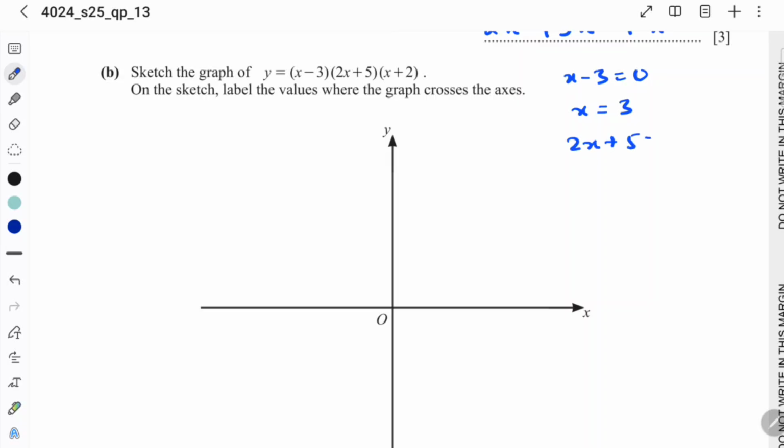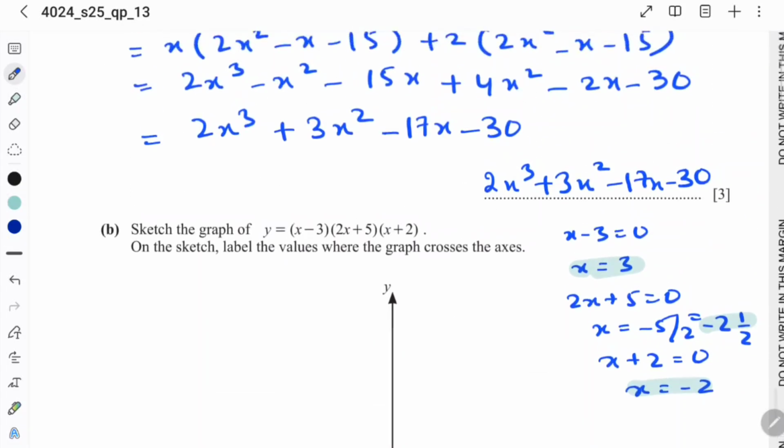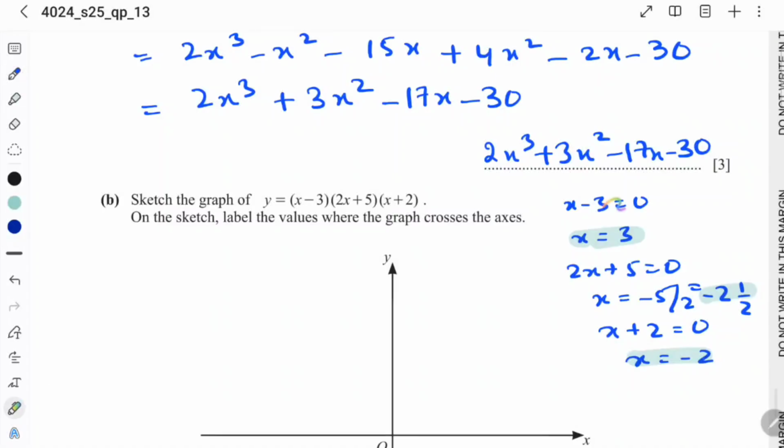If 2x plus 5 is 0, then x equals to minus 5 over 2, or minus 2 whole 1 over 2. The last, x plus 2 is 0, then x equals to minus 2. It means that we have three answers, that is 3, minus 2 and minus 2 whole 1 over 2. And your y-intercept will be minus 30.